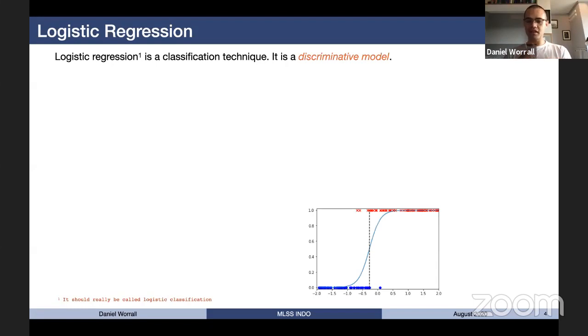So this is an example of what we have. We have blue points and red points, and we want to be able to say which is a blue point and which is a red point, and distinguish between these two. These points will have a numerical input, which is the position along this x-axis, and an output which I'm going to label as a 0 or a 1.